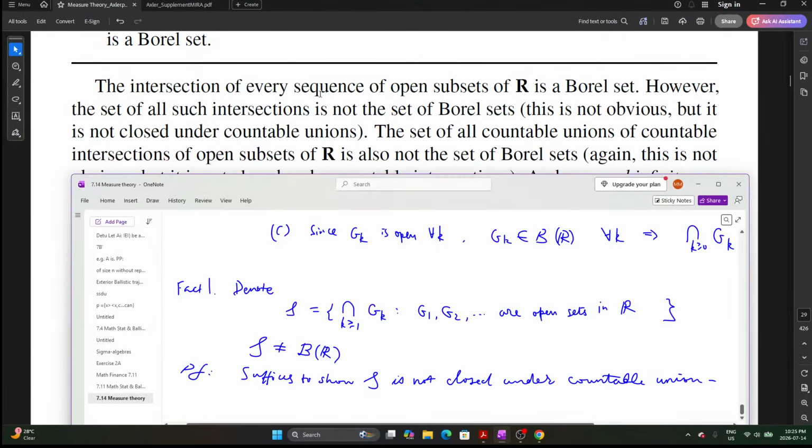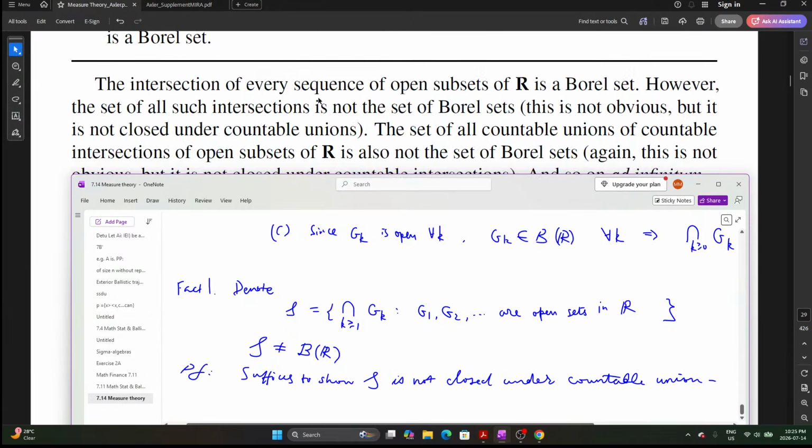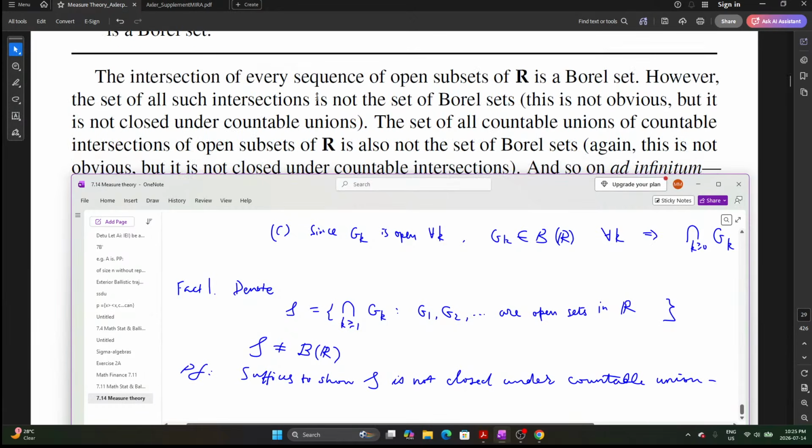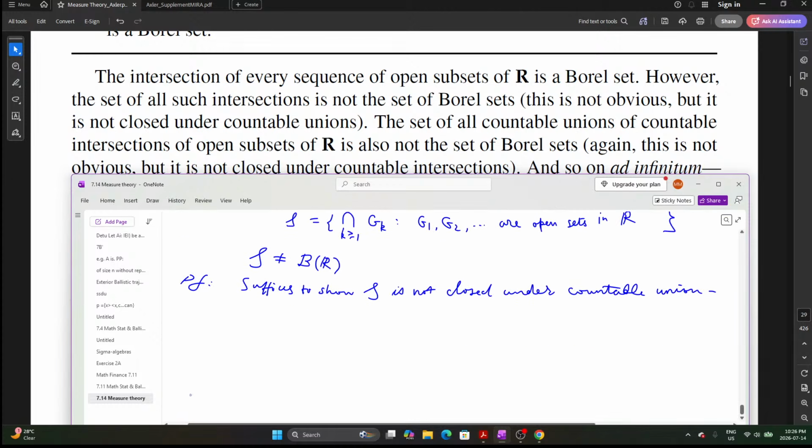Fact number two is the set of all countable unions of countable intersections.